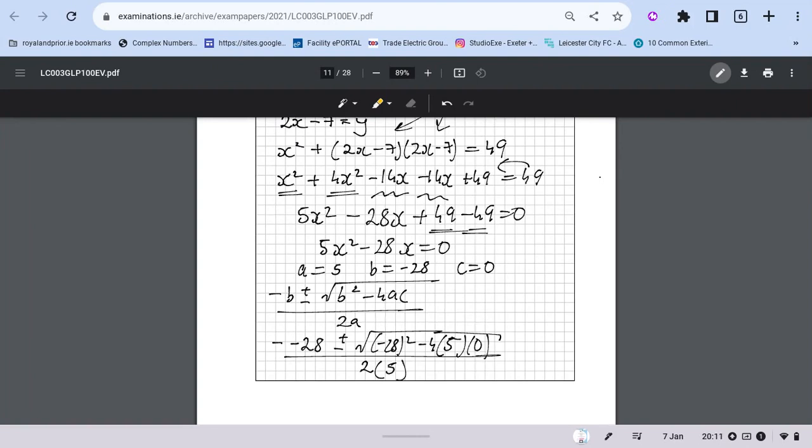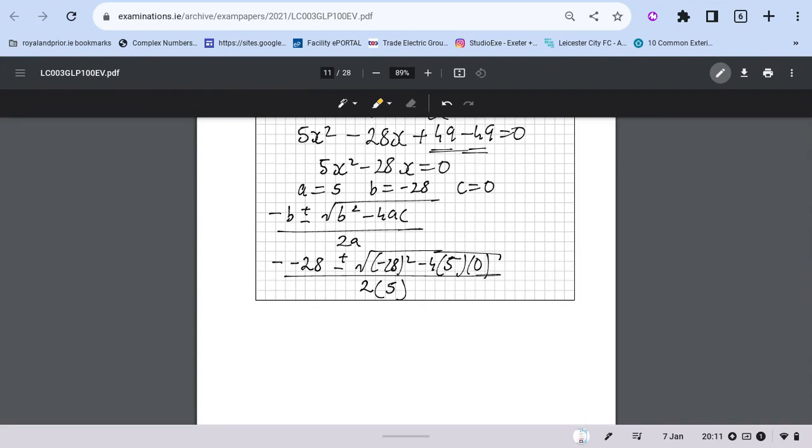And when you work that out, you get x to equal to 0. And x is equal to 28 over 5, isn't that it? 5.6.